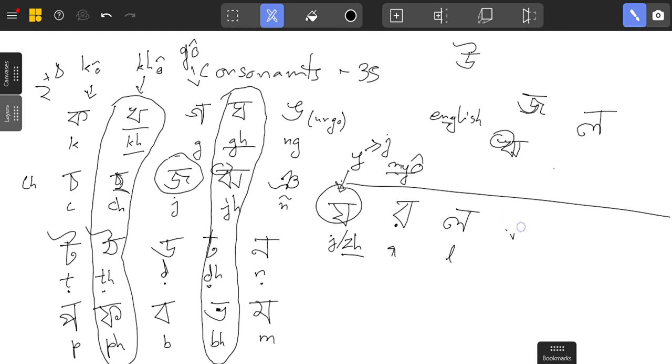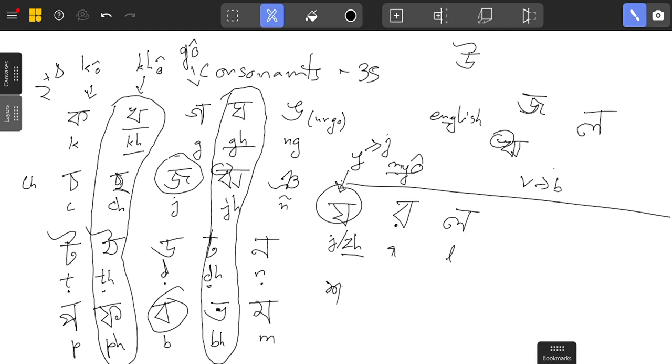It's the same baw. So jaw, raw, law, and actually this baw has evolved from the Sanskrit va sound. From va it became baw. So we again have two ba sounds which are pronounced exactly the same, and that is why we usually don't write one of them.